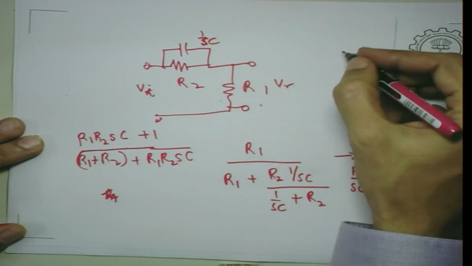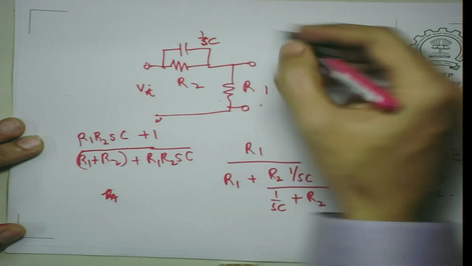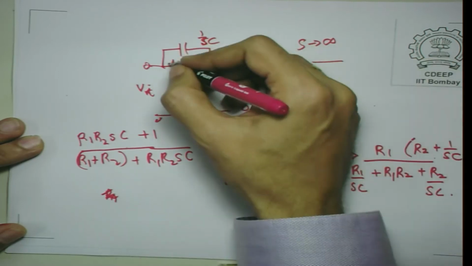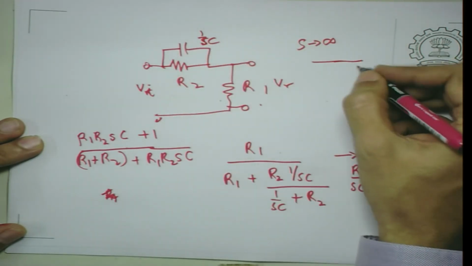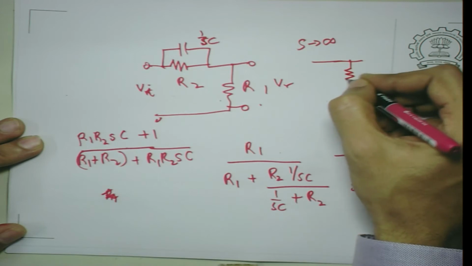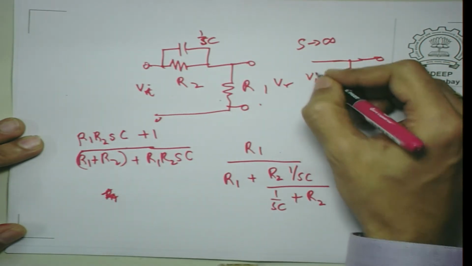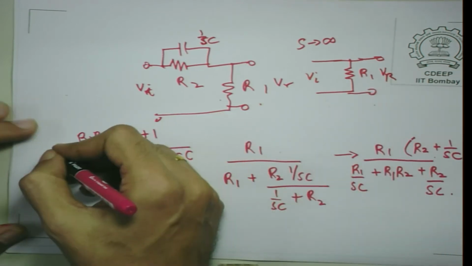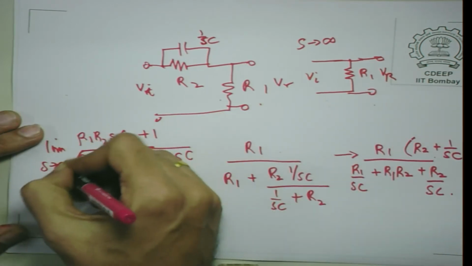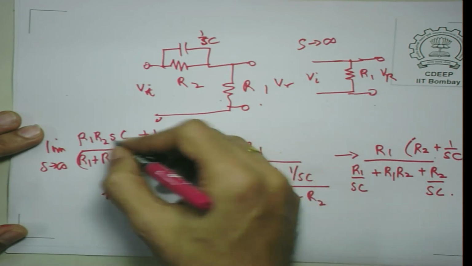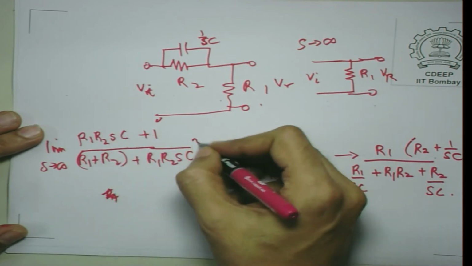If S tends to infinity, the capacitor practically becomes a short, because it is a very low impedance, and the circuit practically becomes like this, so input becomes equal to output. If I put the limit S tending to infinity here also, you will find that this term will predominate, and for all practical purposes this will be controlling.